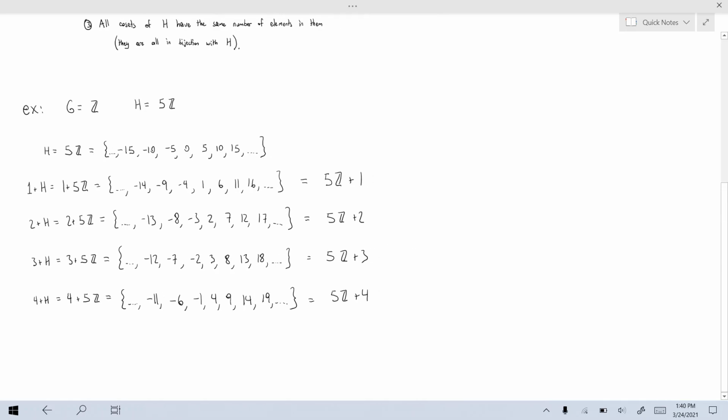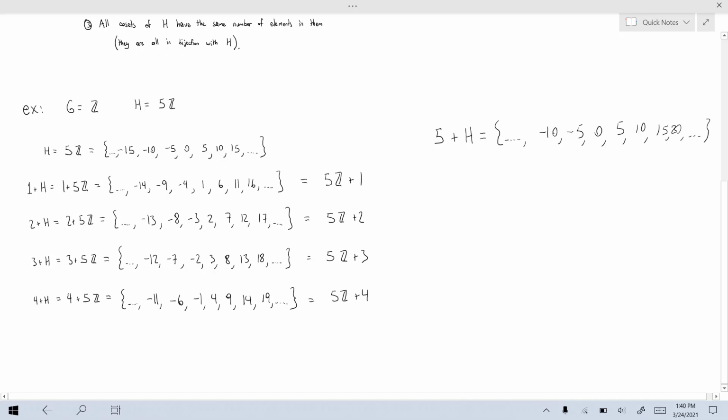Now, if I were to take like the integer 5 right now, so I've already found all the cosets, but just to illustrate, what if I take 5 and I add it to H, okay? So taking 5 and adding it to everything in H, well, notice that it's basically just giving me all the multiples of 5 again.